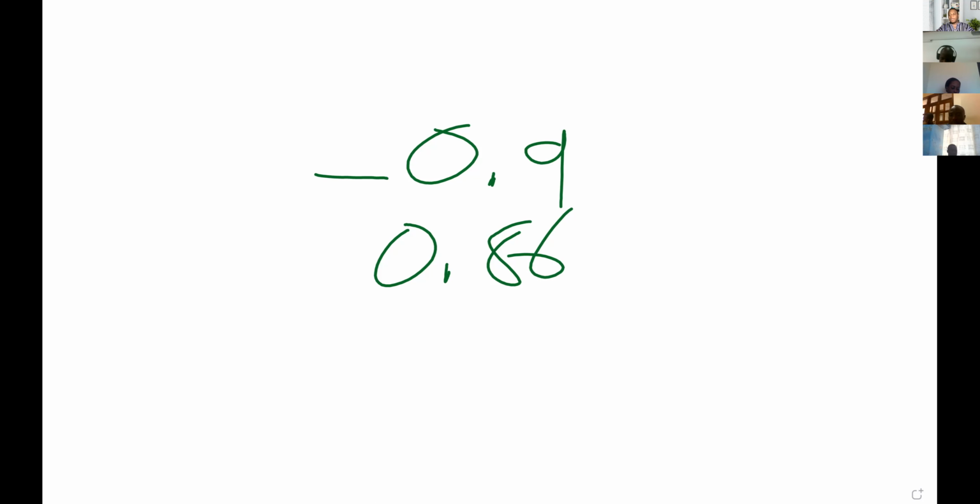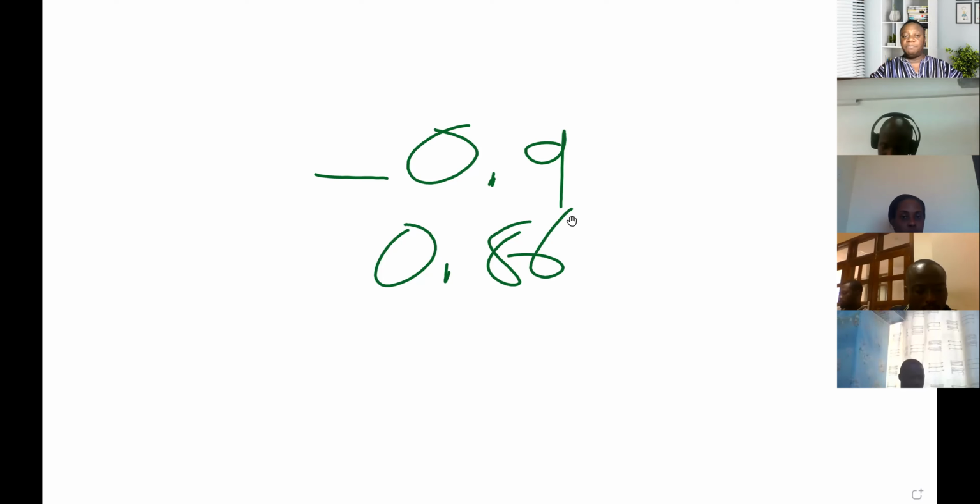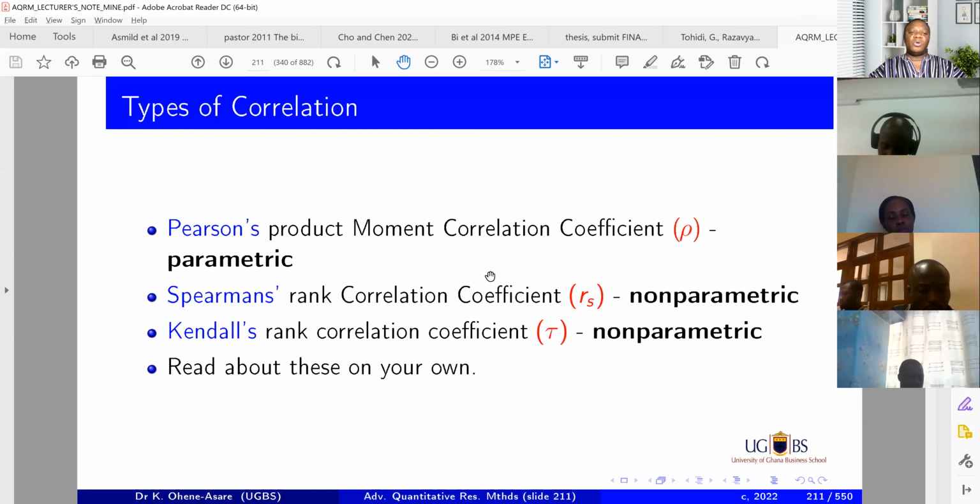So let's get deeper. My focus is to let you understand correlation deeply. So there are different kinds of correlation. Now note that the Pearson's product moment correlation coefficient is a parametric statistic.